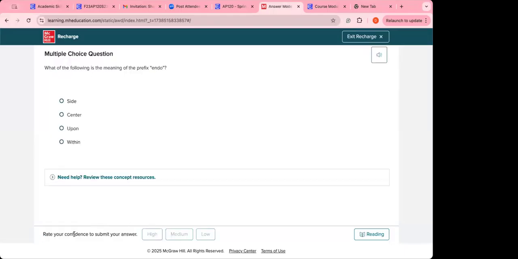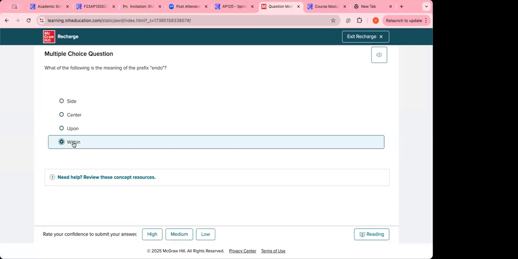Which of the following is the meaning of the prefix endo? Endo. Maybe within. Yes. Within. Right.